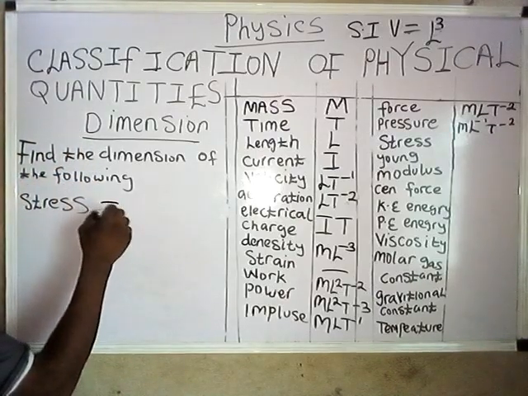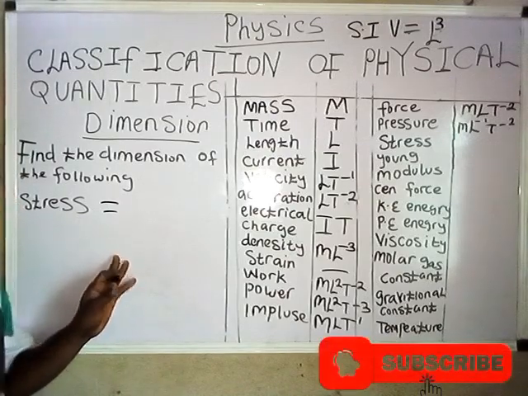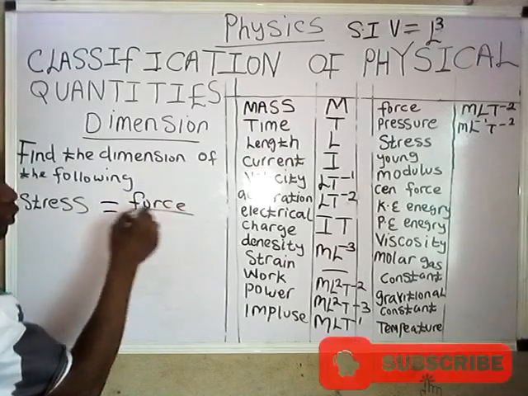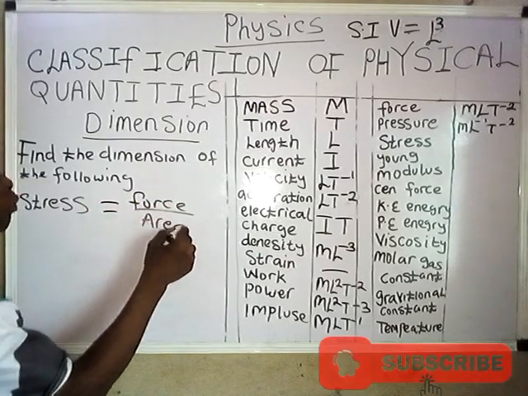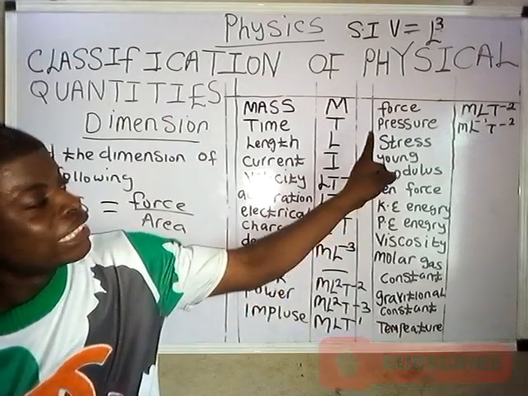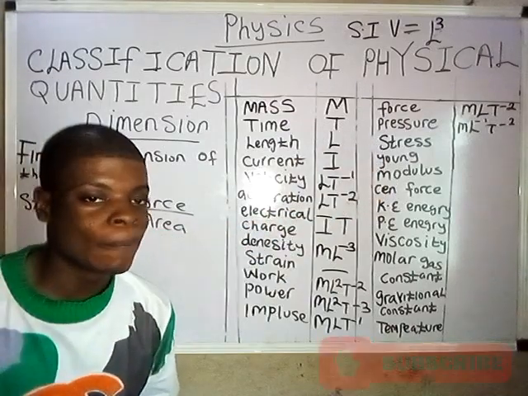First of all, let's know the formula for stress. The formula for stress is force over area. So you may be wondering that pressure and stress have the same formula.